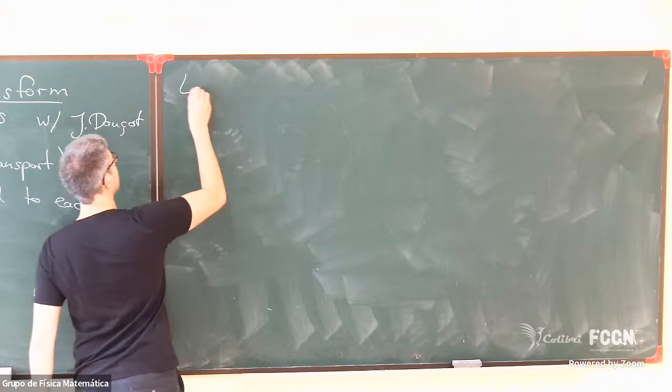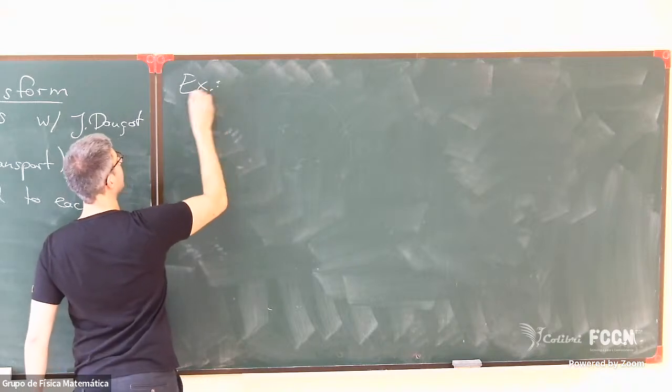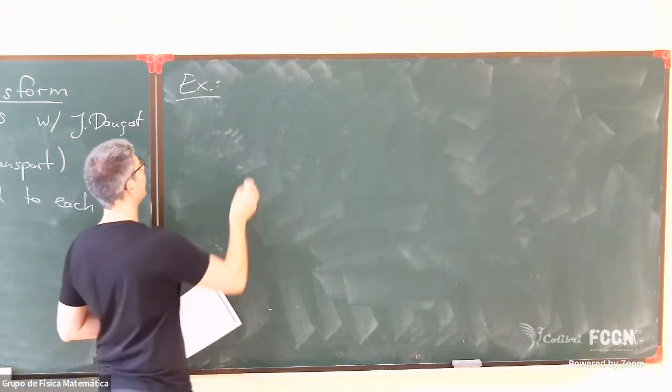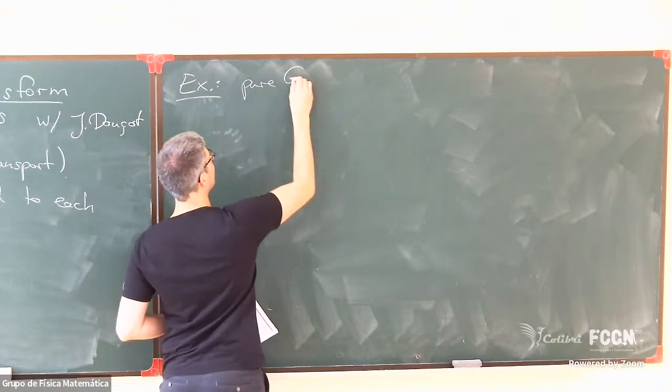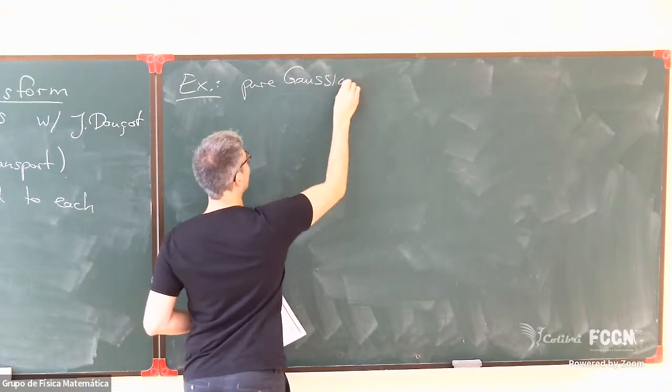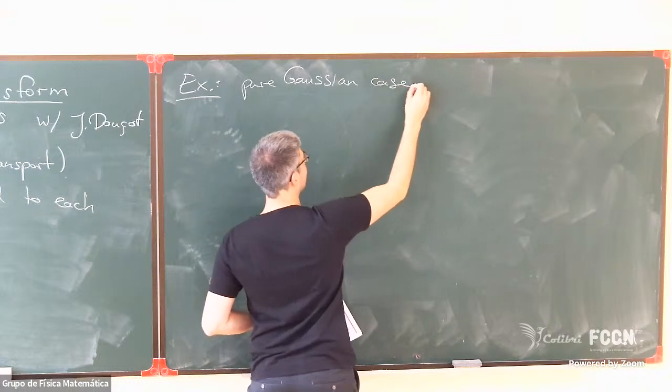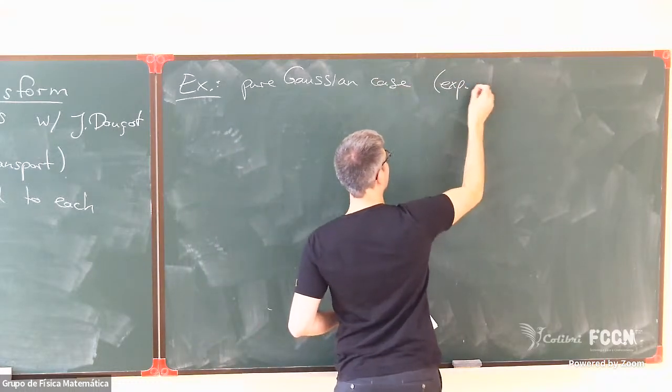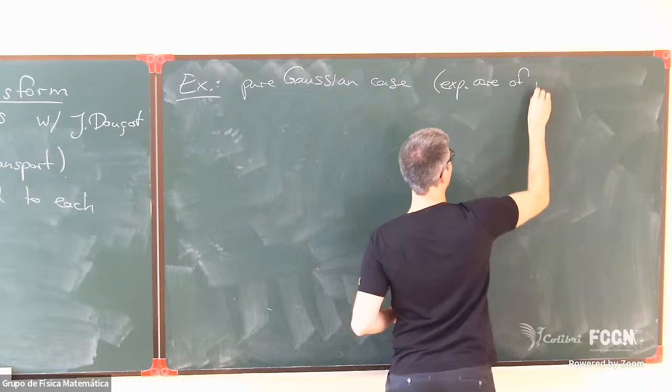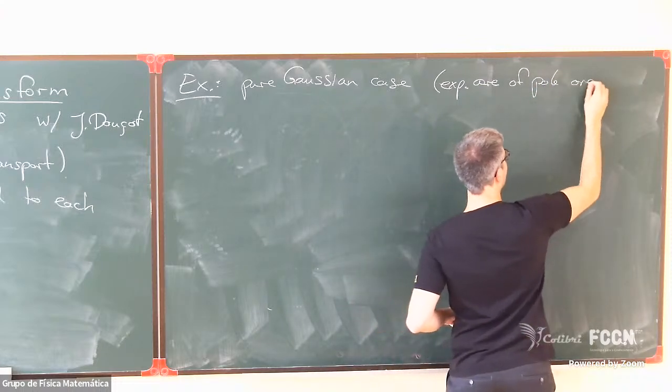So I'm just considering an example. Actually, the example that I secretly already drew all the time, the example of the pure Gaussian case, which means the exponents are of full order 2.